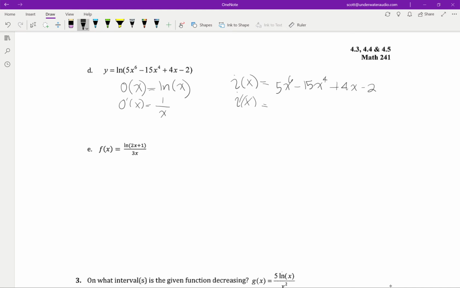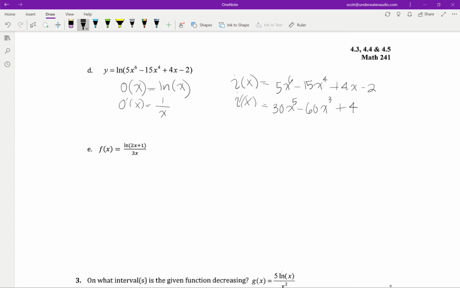5x to the 6th. The derivative of the inside is 30x to the 5th minus 60x cubed plus 4. Right, 6 times 5 is 30, 15 times 4 is 60. Okay.